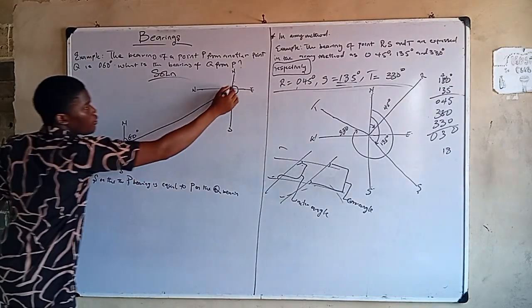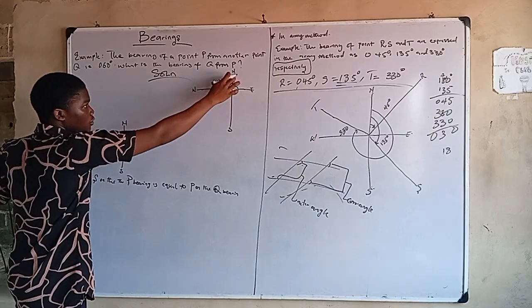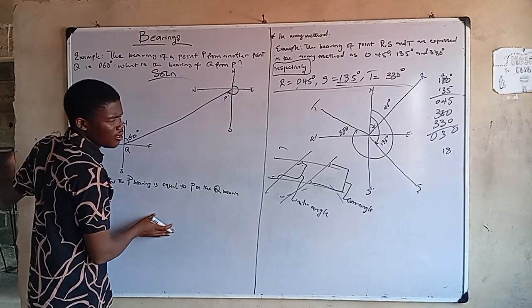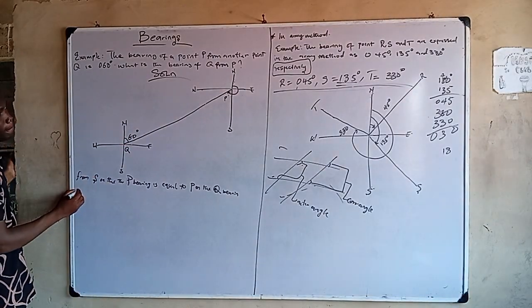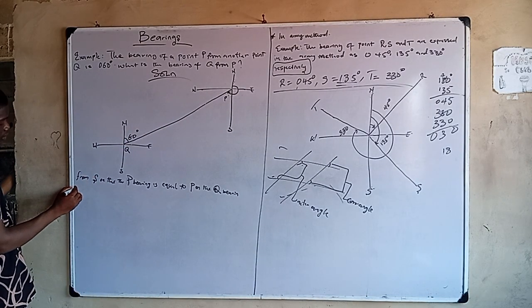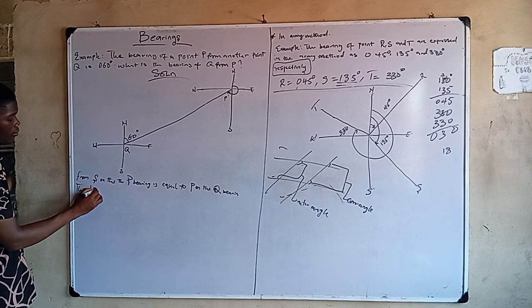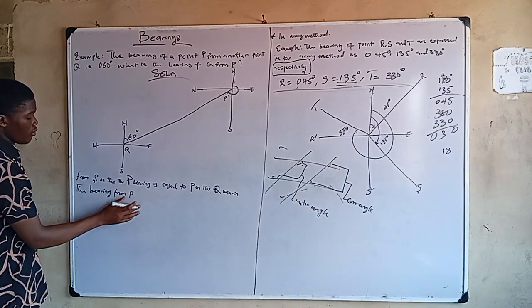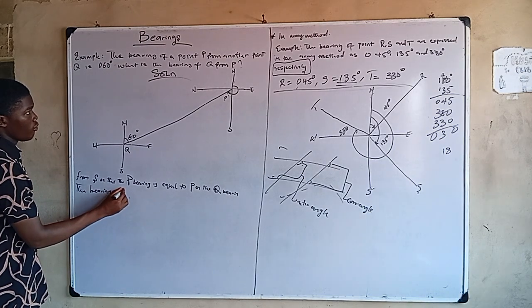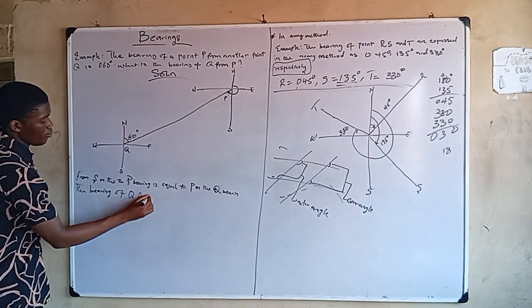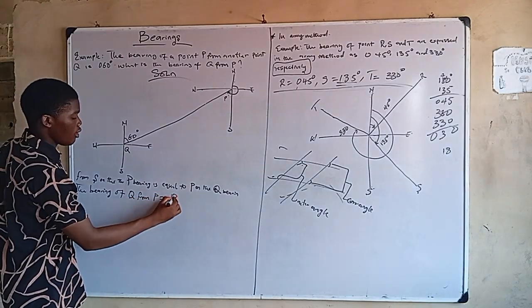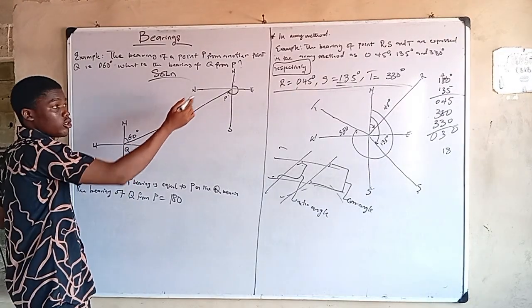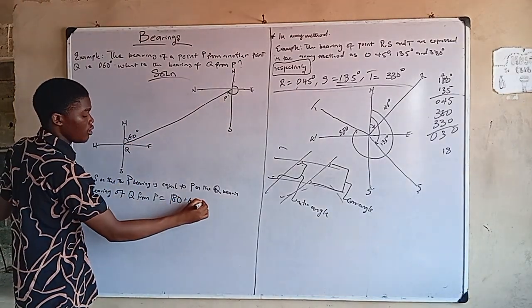Now, how do we get this full angle? We know that the first quadrant to this quadrant is 180, then a small fraction of the third quadrant. So the bearing of Q from P is equal to 180 for the first quadrants plus the alternate angle, which is 60.